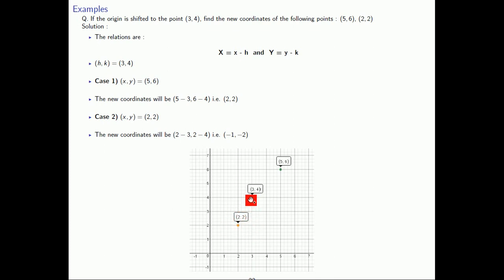Also, this distance is 1 unit, but being in the negative x direction, this has to be minus 1, so the x coordinate is minus 1, and this distance is 2 units, but since it is along the negative y axis, it will be minus 2. So both these answers are correct using the formula which we obtained, and we verified it using the graph.